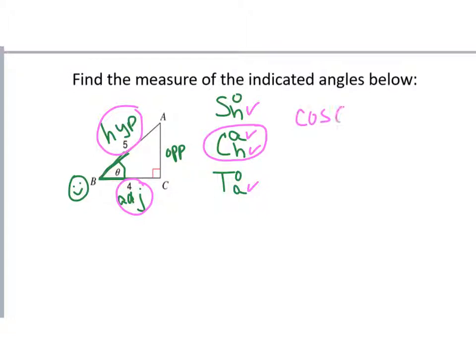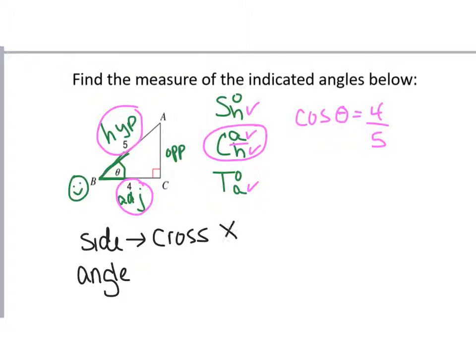Cosine of the angle, theta, equals adjacent over hypotenuse. So my adjacent is 4 and my hypotenuse is 5. Then I think, what am I trying to do to solve? Am I looking for a side or am I looking for an angle? If I'm looking for a side, I want to cross multiply. If I'm looking for an angle, I want to inverse. In this case, I'm looking for an angle, so I'm going to inverse.